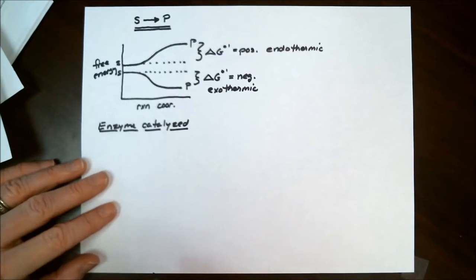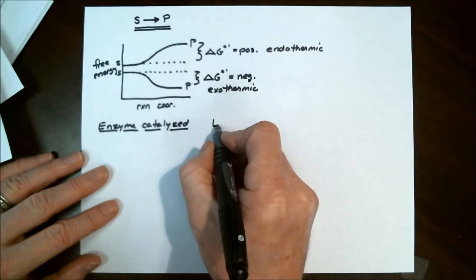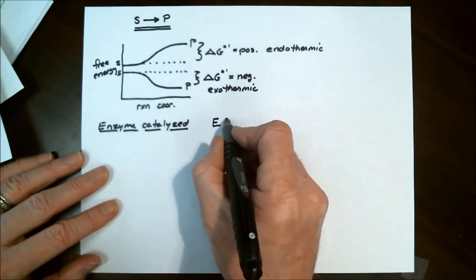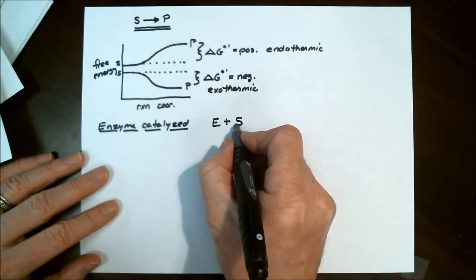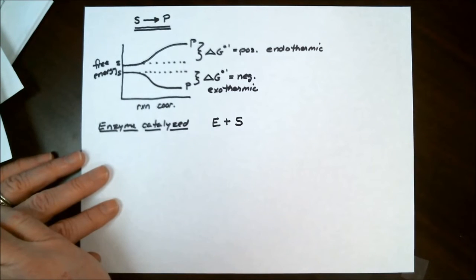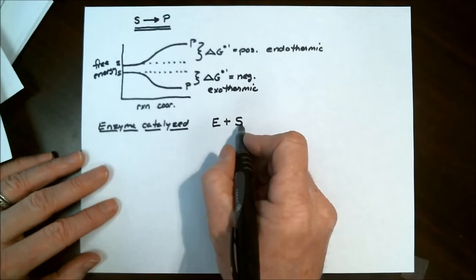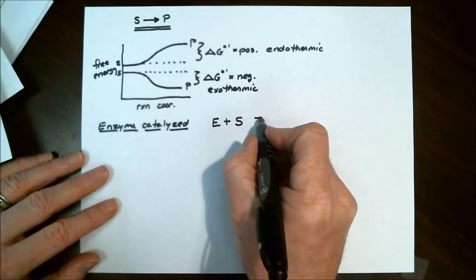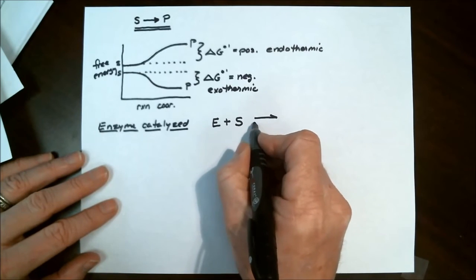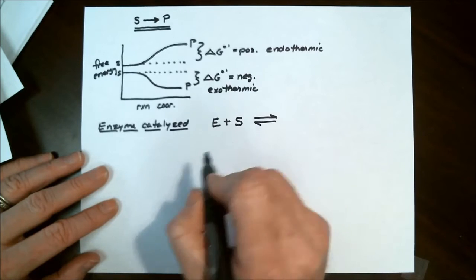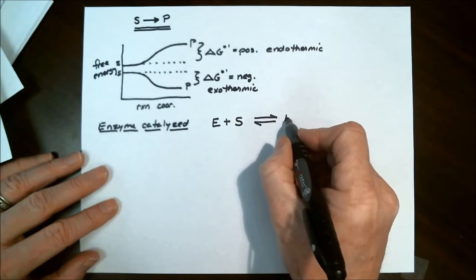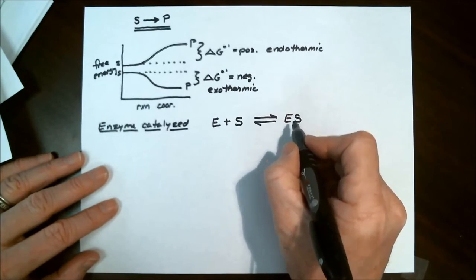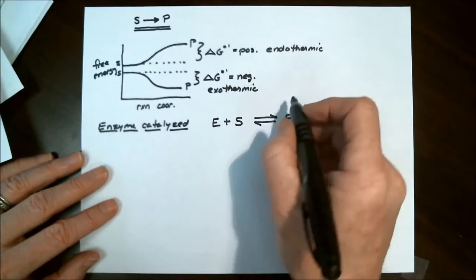With the enzyme catalyzed reaction, we need to consider the enzyme plus the substrate in solution. Now when these two come together, the substrate is going to bind to the enzyme, and we are going to form an enzyme substrate complex.